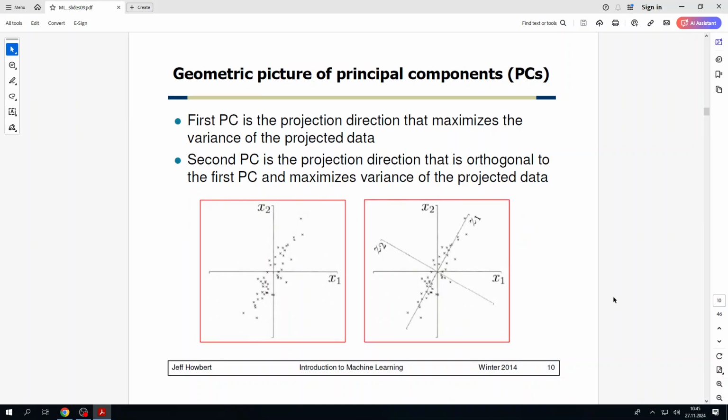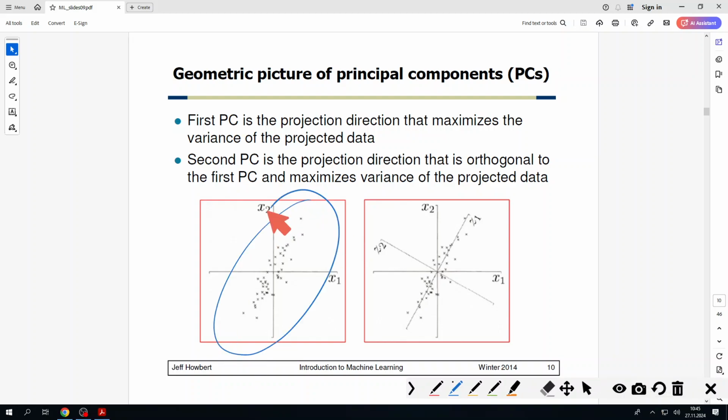So how exactly is that working? Let's say we have 2-dimensional data here, consisting of x1 and x2. We don't know these classes, so because of that, every point here is of the same color. We don't know which is class 1, which is class 2, which is class 3. There is just no information about that. And what we are now going to try to do is to find some new axes for which we have as high variation as possible maintained.